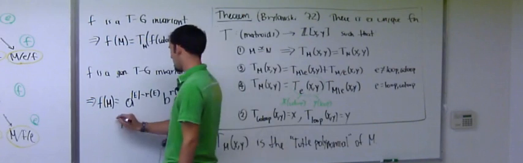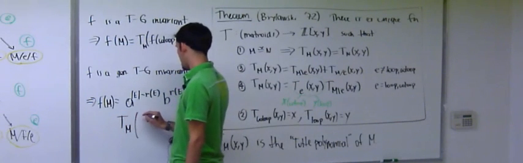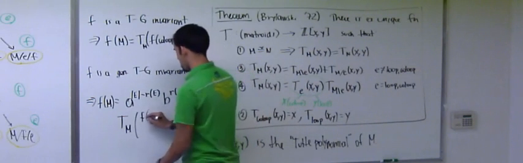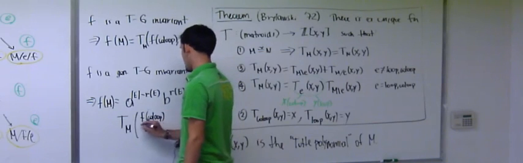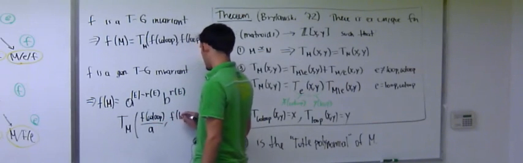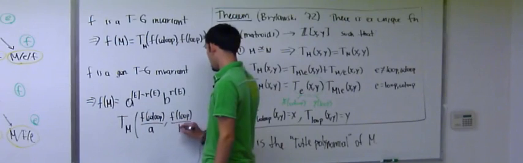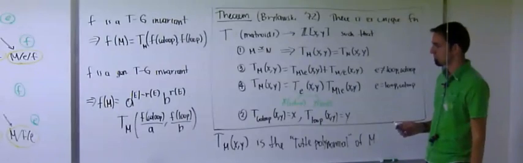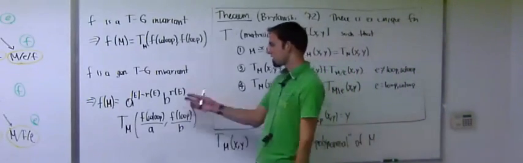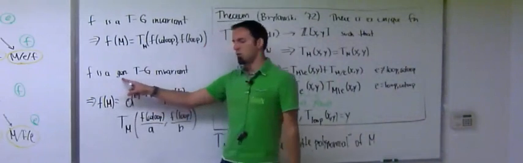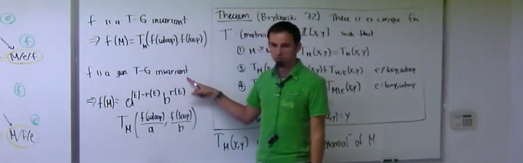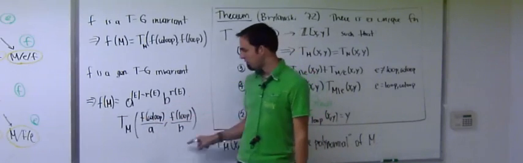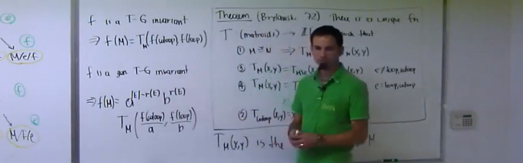Times the top polynomial of f of the loop, f of the co-loop divided by a, f of the loop divided by b. So again, this is a little bit messy, but it just says if you have any function which is a generalized Tutte-Grothendieck invariant, then all you have to do is plug in f of the co-loop and f of the loop, and you have a formula for your function.